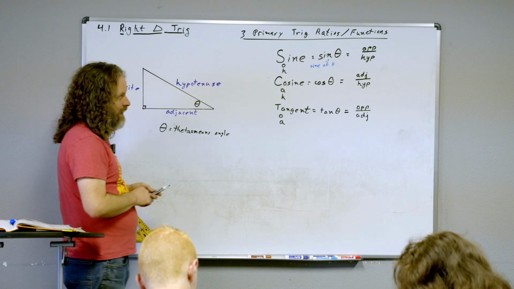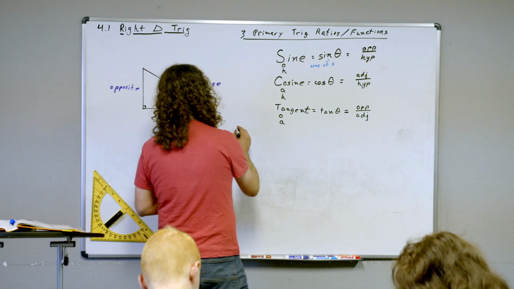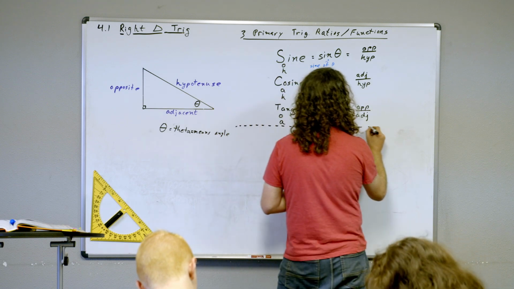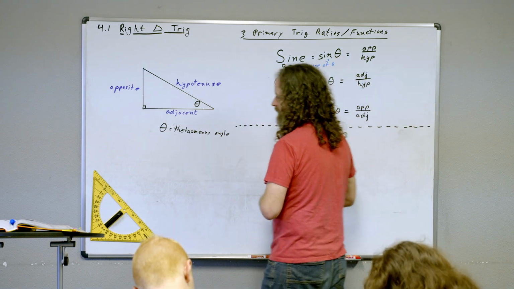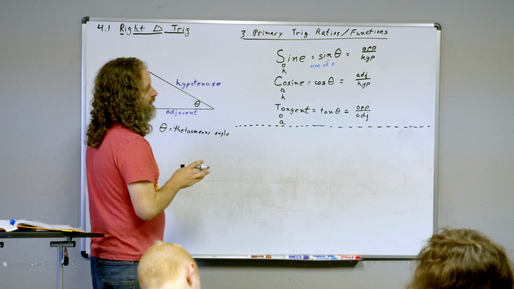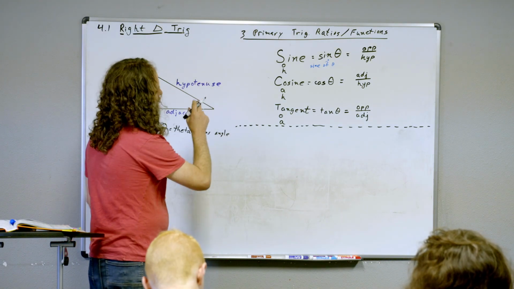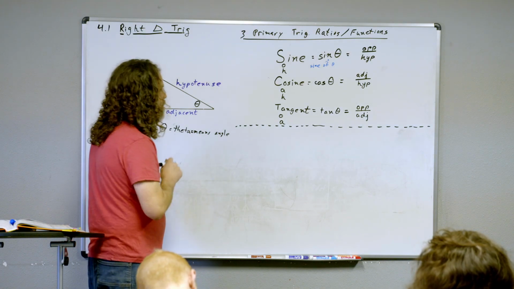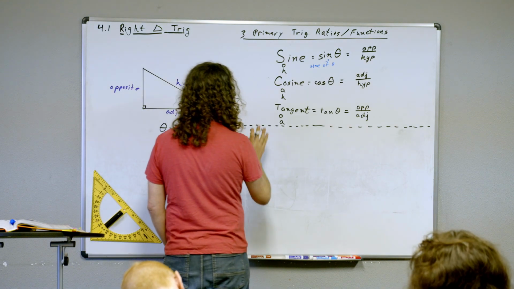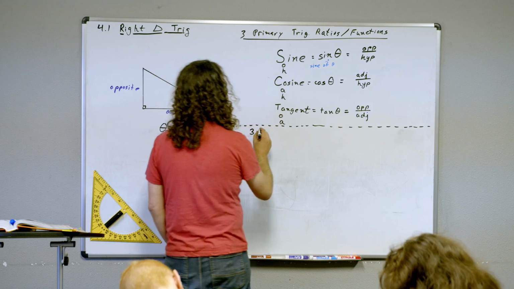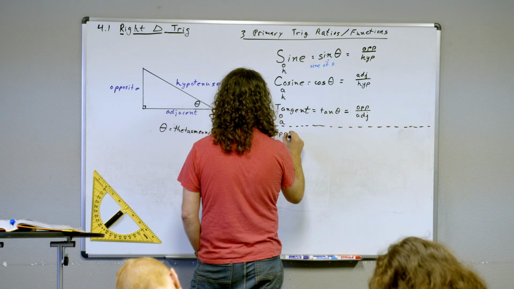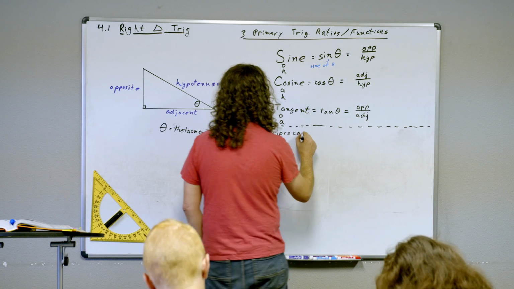Now, we'll talk about this topic a lot in the next chapter, not the next lesson, but the next chapter, where you're going to learn your first three identities. Well, these are identities as well, but there are three more that are directly related to these. These are the three reciprocal trig ratios.